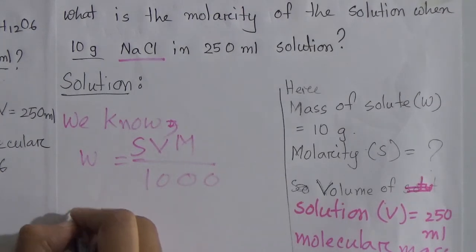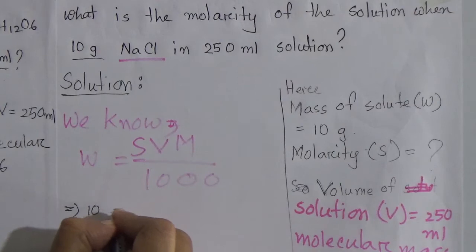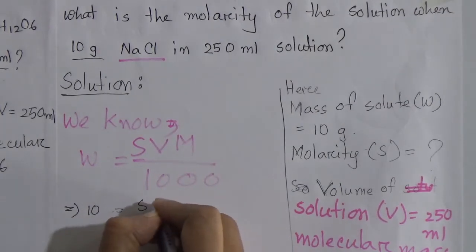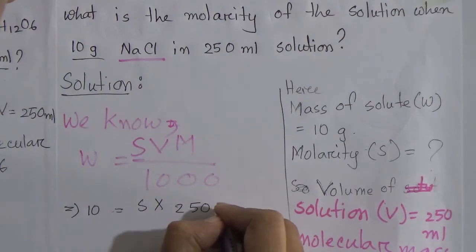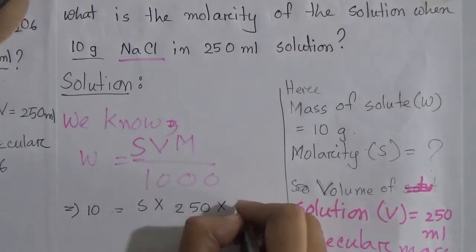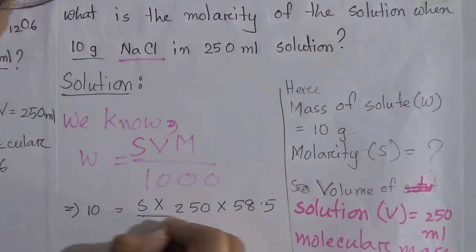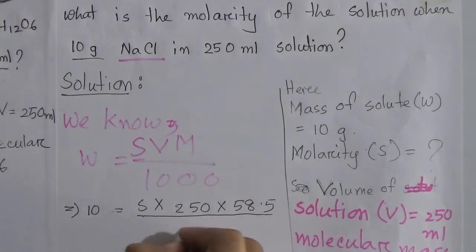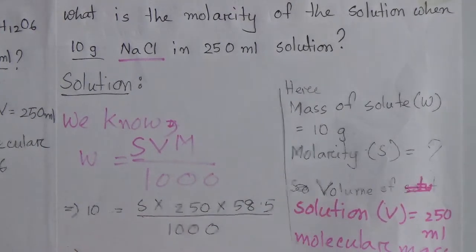W is equal to 10 gram, is equal to S, we don't know, we have to find out, V is equal to 250 ml and M is equal to 58.5, divided by 1000. And if you do the calculation, you will get the result.